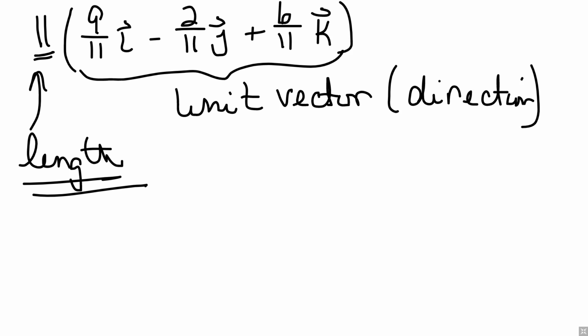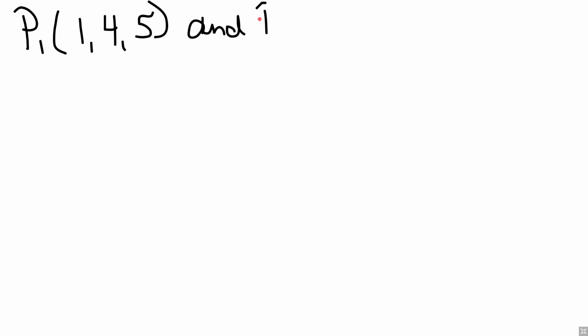Okay, so in this example, we're told that P1 is defined as (1, 4, 5), and P2 is defined as (4, -2, 7).